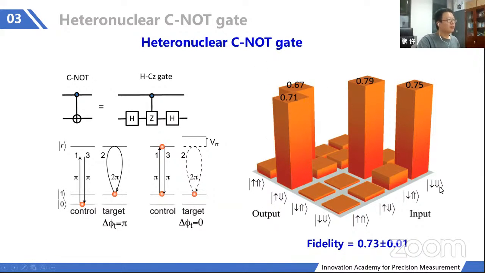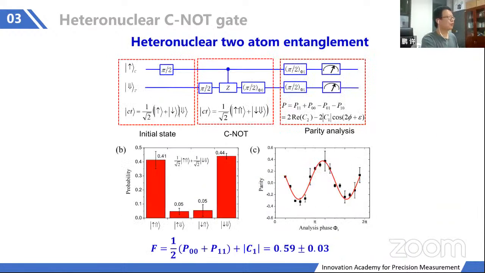So here we have demonstrated it with rubidium-87 as the control qubit and 85 as the target qubit, which is a tomography for the heteronuclear CNOT gate. The fidelity is 0.73. It is not a big deal right now, but at that time it was still a breakthrough for heteronuclear systems.